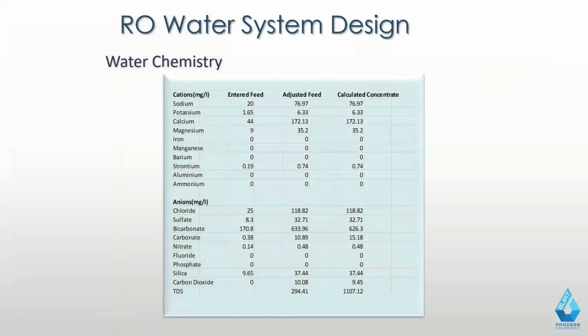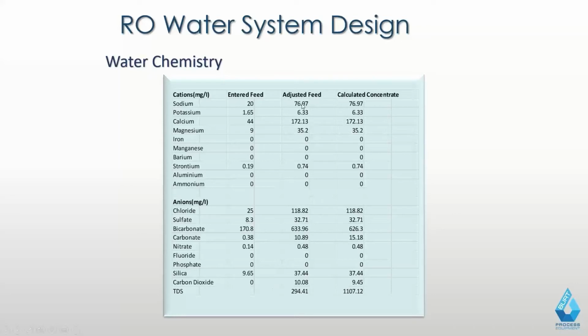It's also the point in your system where you really start to look at generating your water quality. So this is the actual water chemistry data that was used for this design. One of the things you need to do in any RO system is what's referred to as an RO projection. This tells you a lot about the different ions. You have the feed water for sodium, potassium, calcium.